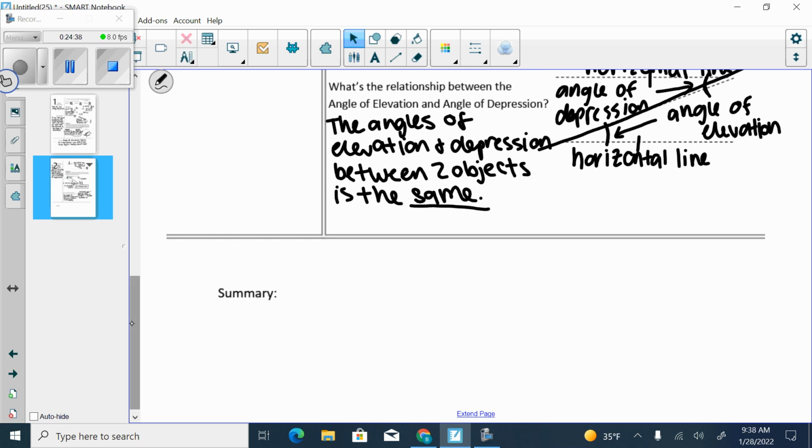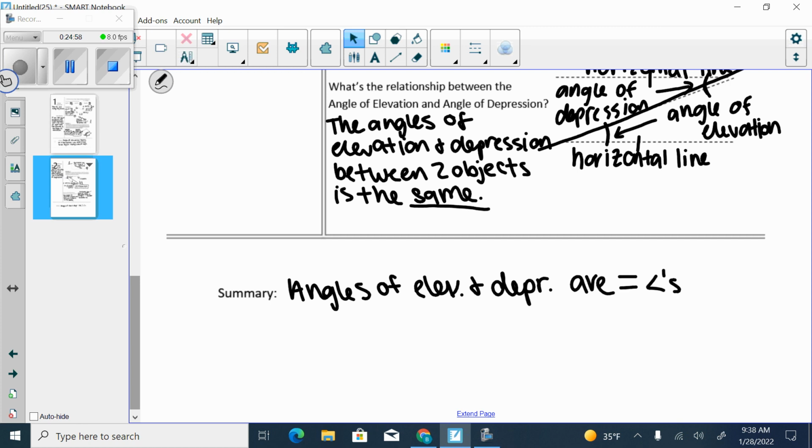Okay, and that should basically be what our summary says. So, angles of elevation and depression are equal angles between two objects.